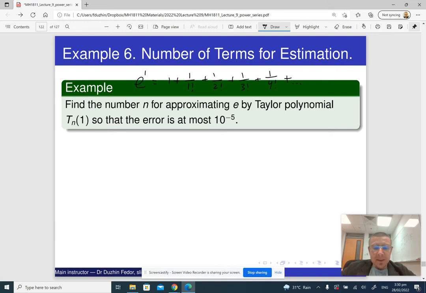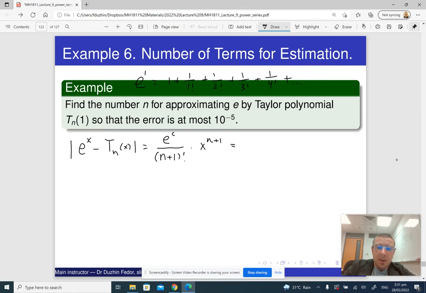Just how many terms do we need to take? And here basically we're going to do the same thing, right? The remainder e to the x minus T_n of x should be e to the power c times x to the power n plus 1, over n plus 1 factorial.